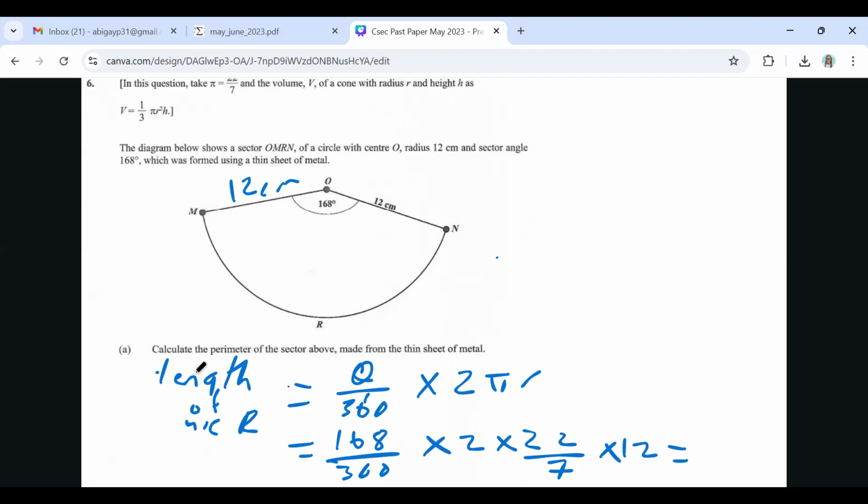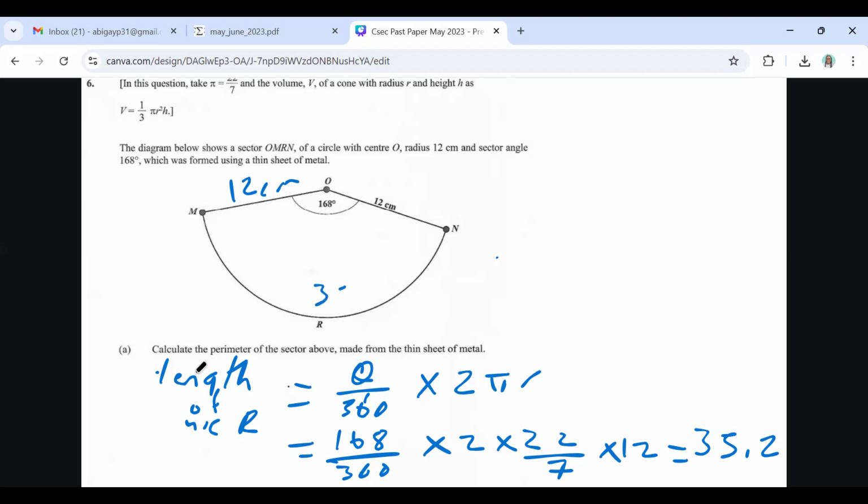Let us do everything at once: 168 divided by 360 times 2 times 22 divided by 7 times 12 equals 35.2 centimeters. So that is the arc length.